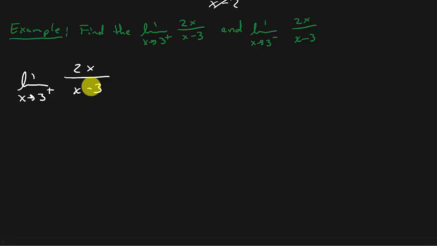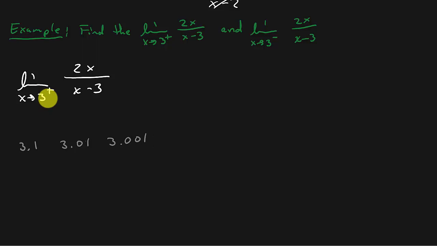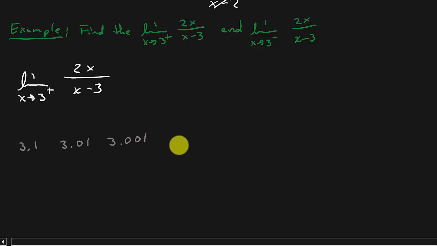Let's reason it out. Hopefully you can see that if I'm plugging numbers in for x, I would be plugging in like 3.1, 3.01, 3.001, and so on. That's getting closer and closer to 3 from the right-hand side. Does it make sense that the numerator is pretty much 6?